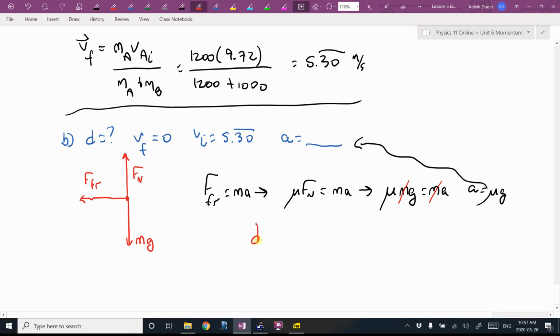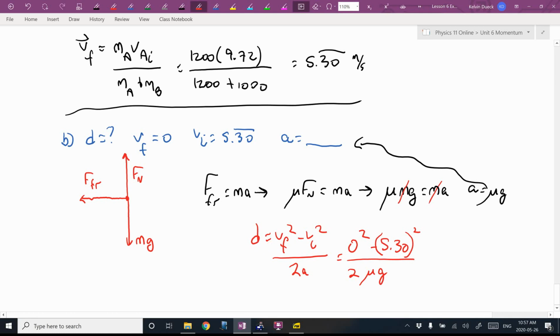I'll get d equals vf squared minus vi squared all over 2a: 0 squared minus 5.30 repeating squared, I'll use my answer button, divided by 2 mu g. I have to do one more thing.